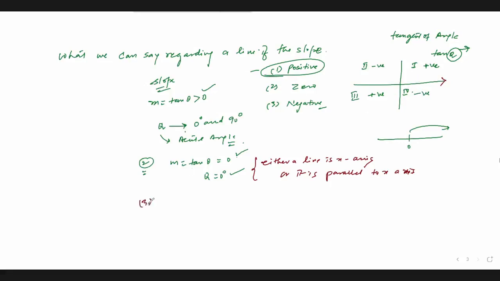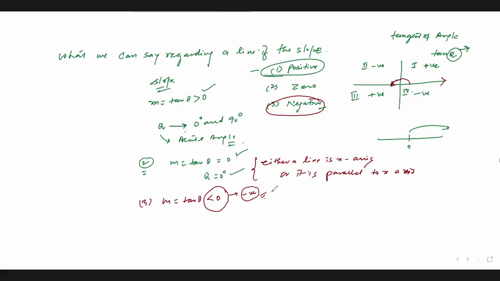Third thing, when we are talking about a negative slope, then m equals tan theta and it is less than 0. What do you mean by less than 0? That means my value will be negative. So if tan theta is negative, that means we are moving far from 90.